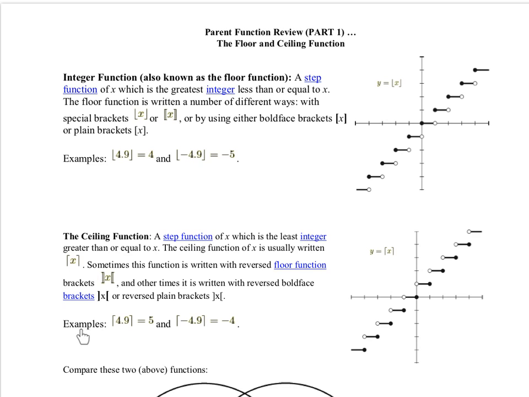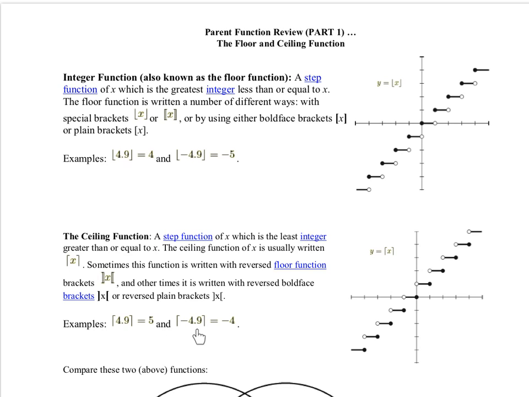Now in the ceiling function, we're actually going to round our number up instead of down. So this 4.9 now rounds up to 5. So when I go to 4.9 on my graph, 1, 2, 3, 4, almost 5, you're going to go up, and this one goes up to 5. You can see it goes up to 5 right here. So we're rounding this number up if we're using a ceiling function.